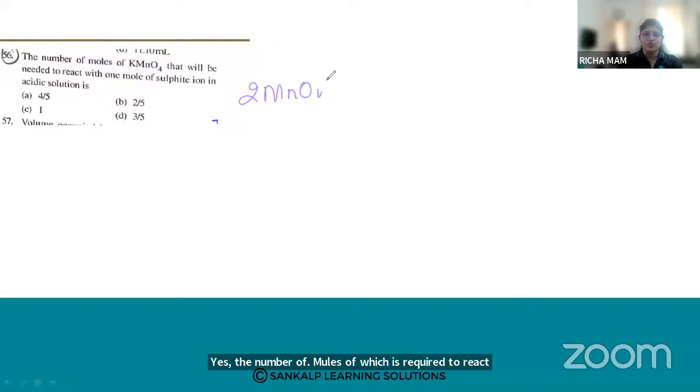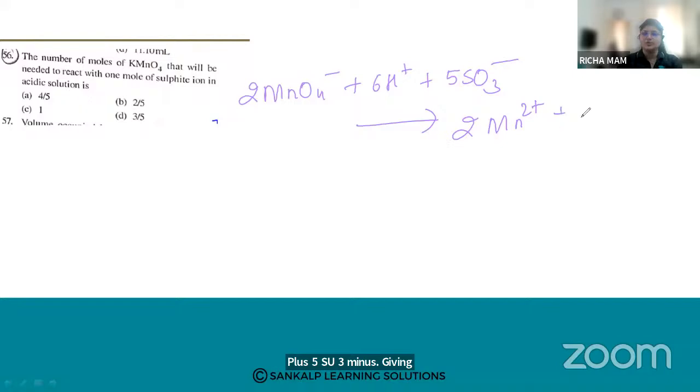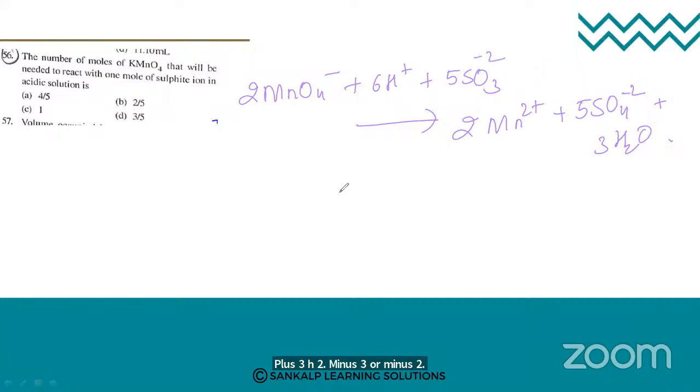So 2 MnO4^- + 6H^+ + 5 SO3^2-, giving you 2 Mn^2+ + 5 SO4^2- + 3 H2O. Yes, option B.